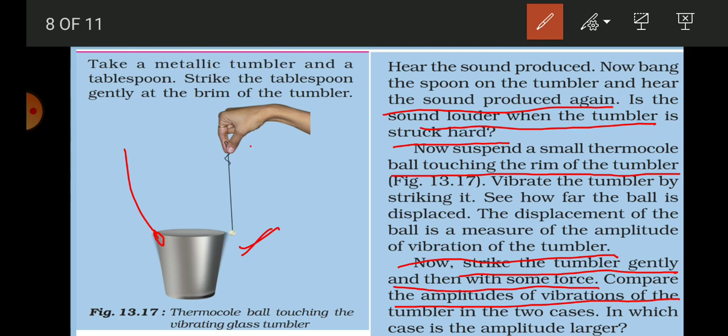That means the displacement will be more than when it is struck gently. The sound also differs. When it is struck gently, the sound is feeble, and when it is struck hard, the sound is louder. You can do this activity at home and understand very well how loudness depends on amplitude.